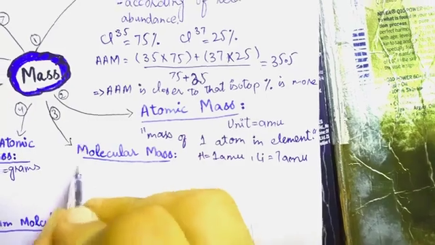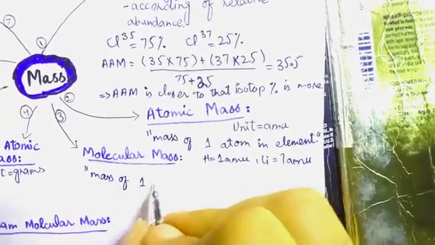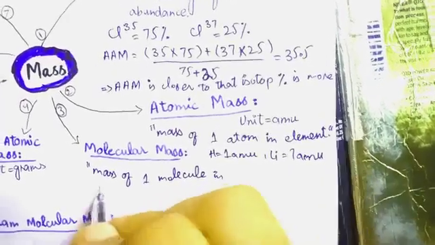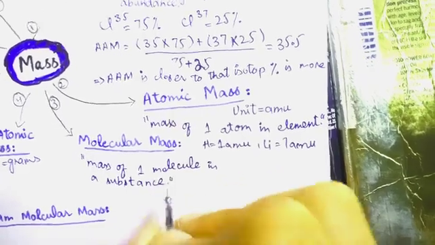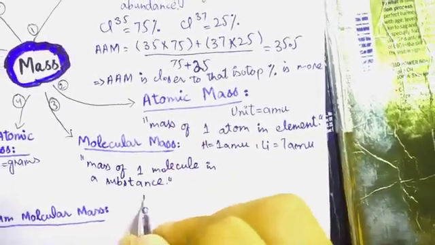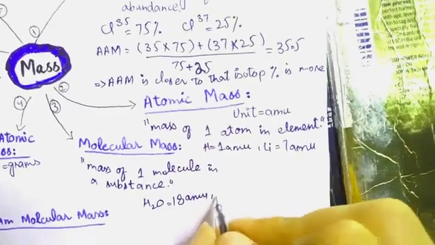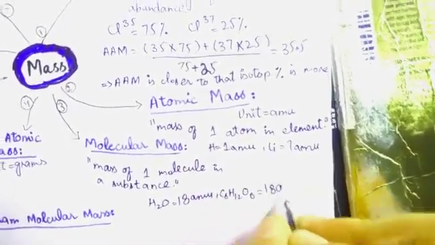And then molecular mass is mass of one molecule in a substance, like H2O is 18 AMU, or glucose is 180 AMU.